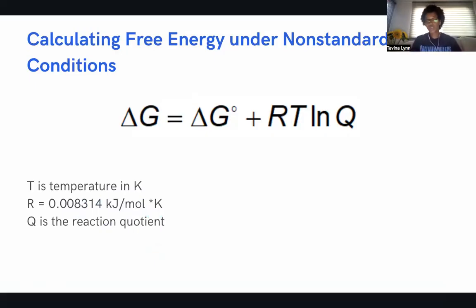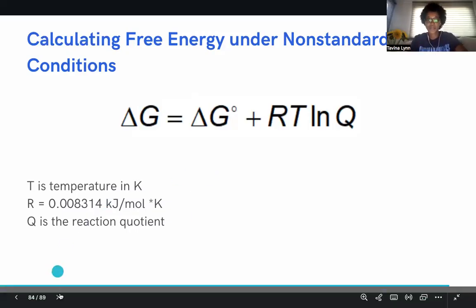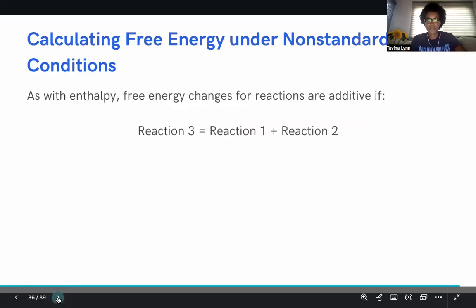If the reaction quotient is foreign, or maybe you need to review it, look it up and remind yourself how we get the reaction quotient.